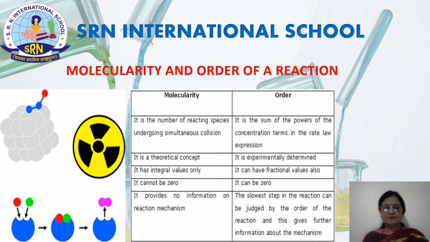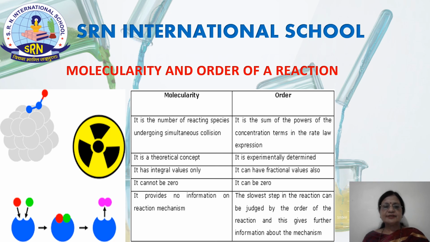Molecularity and order of a reaction. Molecularity of a reaction is the number of molecules which collide simultaneously to form the product. An order of a reaction is the sum of the powers of the concentration of the reactants in the rate law expression. So there is a difference between molecularity and order.